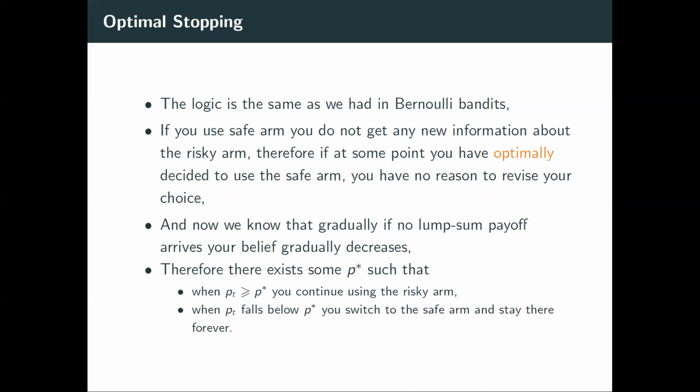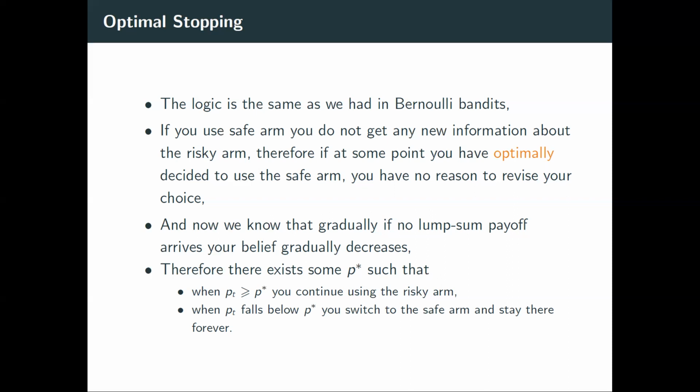Because if at some point in time it was optimal for you to use the safe arm, then no information arrives in any time interval, and therefore your decision problem actually stays the same. You have absolutely the same belief about the risky arm. And therefore, if it was optimal before, it's still optimal, because you don't have any additional information that changes your views.